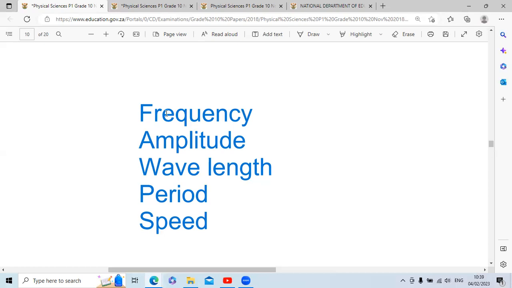Look at it like this. You're going to have a distance that is being traveled within a certain period of time. So what do you think that is?